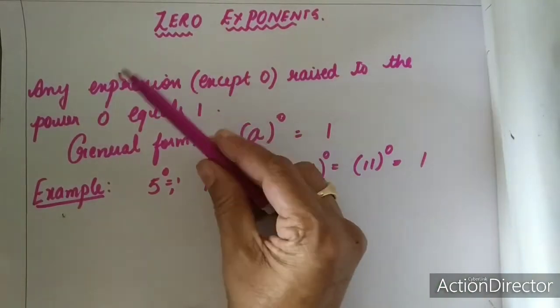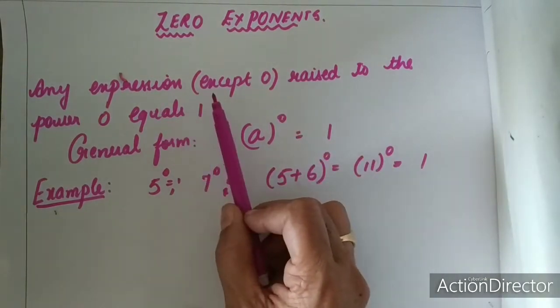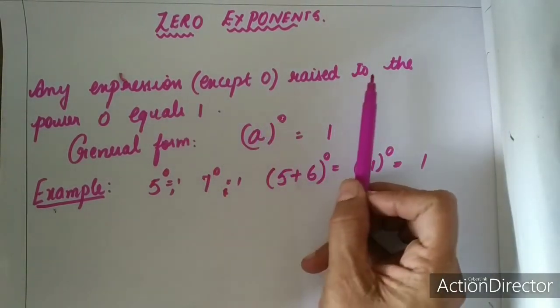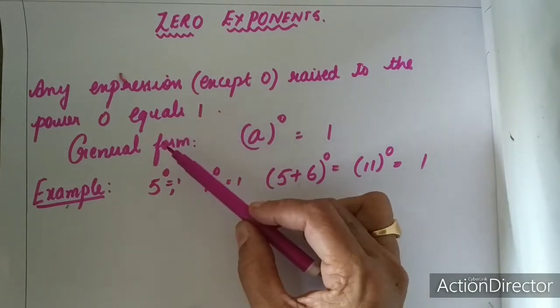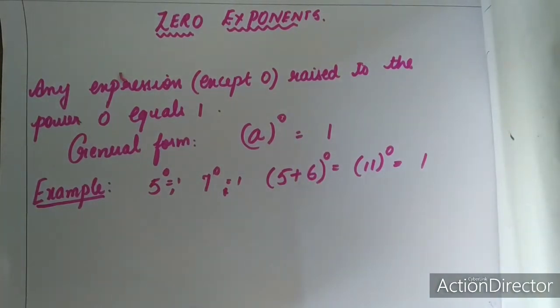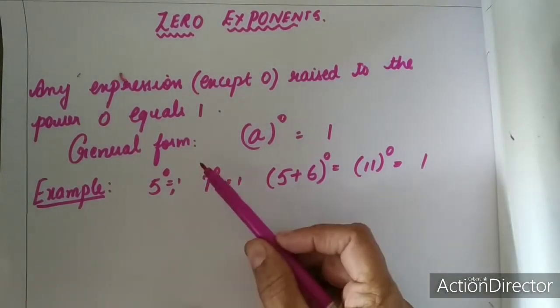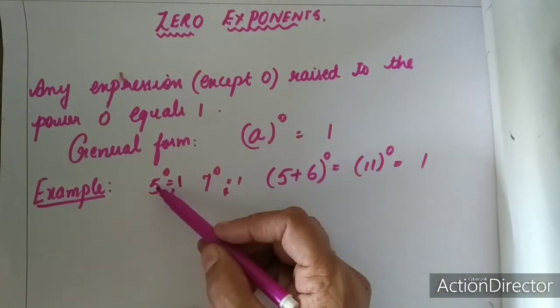Let us see what zero exponents are. Any expression except 0 raised to the power 0 is equal to 1. The general form is a power 0 is equal to 1. For example, if you have 5 power 0, then it is equal to 1, where a stands for 5 over here.